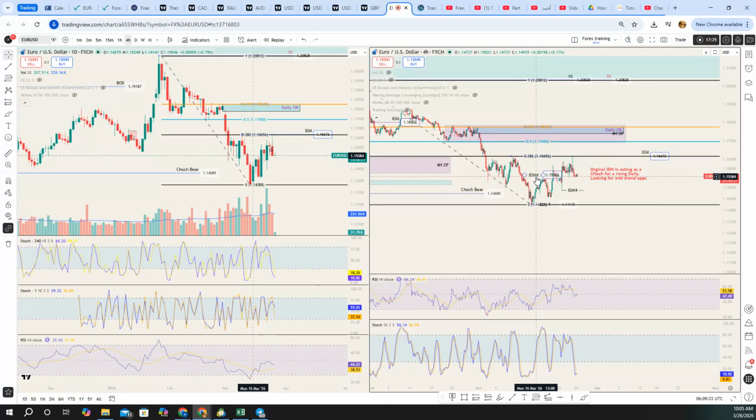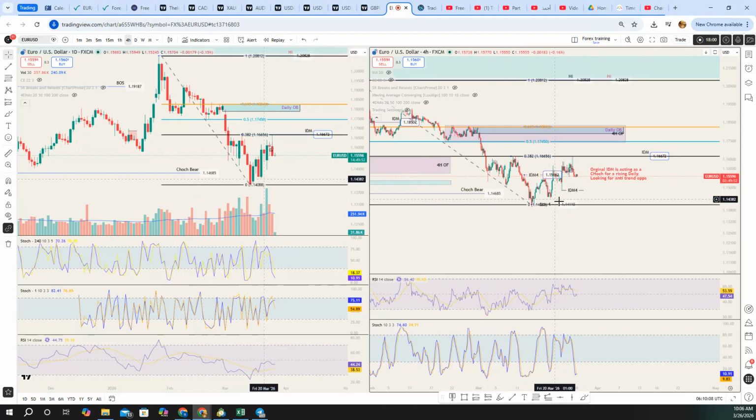Regardless if the trend is going up or the trend is going down, what is above the 50% is premium, what is below the 50% is discount. It's the same. Above the 50 is premium, below the 50 is discount.